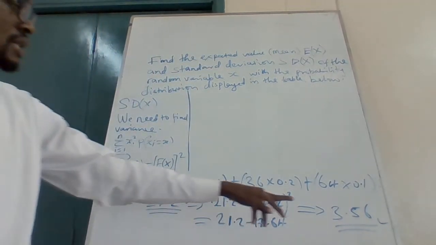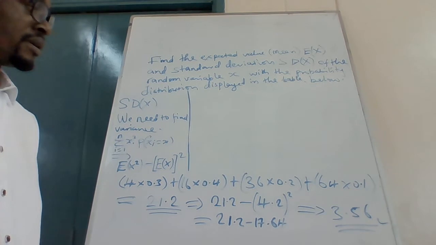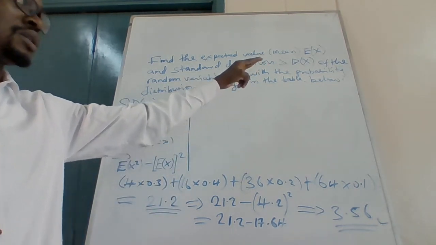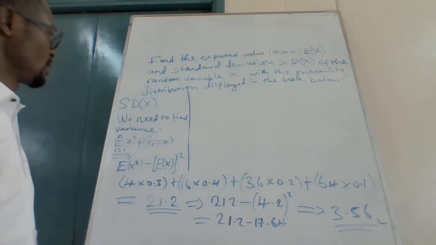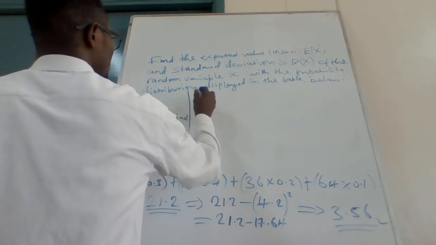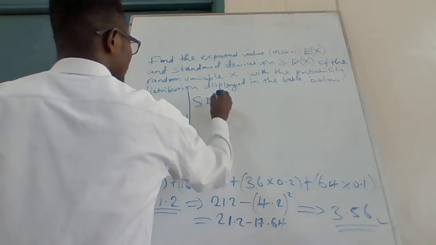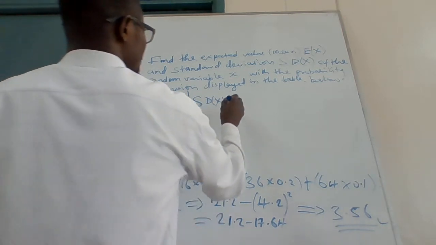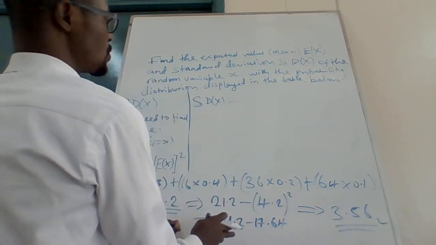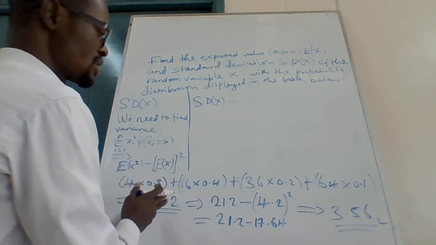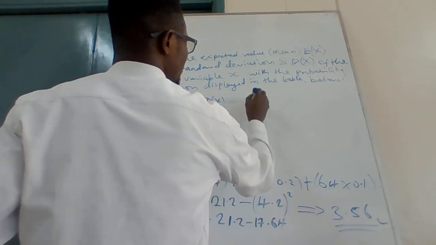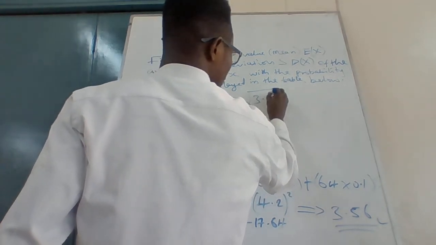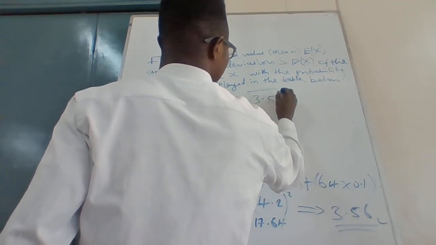So our variance is 3.56, but remember our question is to find the standard deviation. So that is our target. We can now bring in the standard deviation of x. And we know that the standard deviation of x is simply the square root of the variance. So it will be the square root of 3.56.